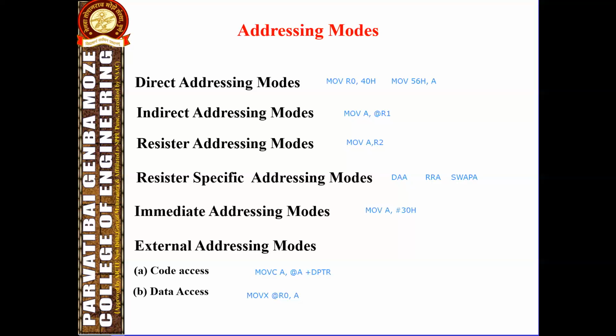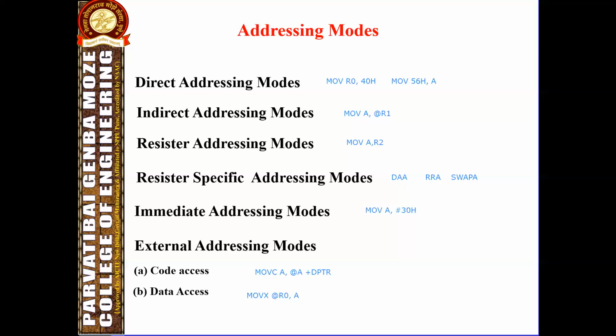Next, the external addressing mode. There are two types: code access and data access. What does code access mean? Using these instructions, only external program memory can be accessed. This addressing mode is preferred for reading the lookup table in the program memory, using either DPTR or the program counter.